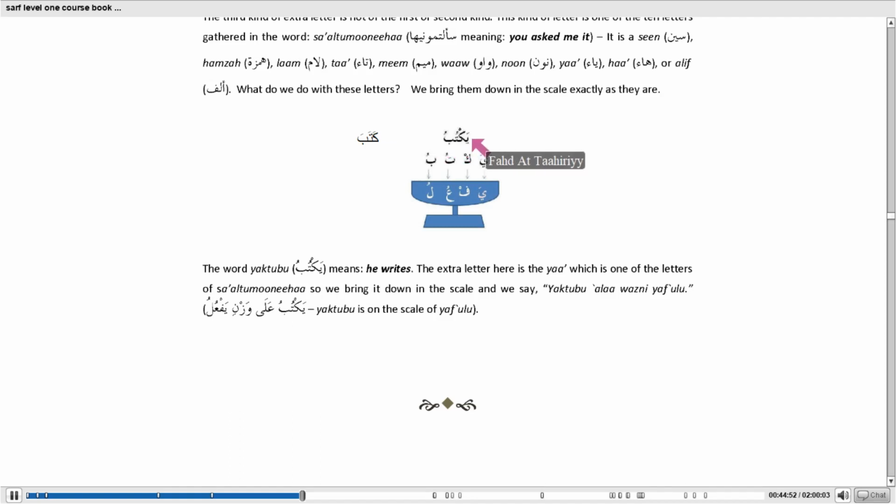What does this make the ya? It makes it an extra letter because we said that the original letters will always exist in all forms. So since the ya is not found in some forms, this makes it extra. Understood?